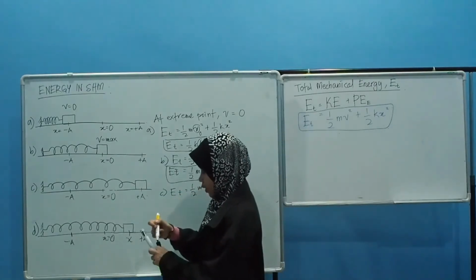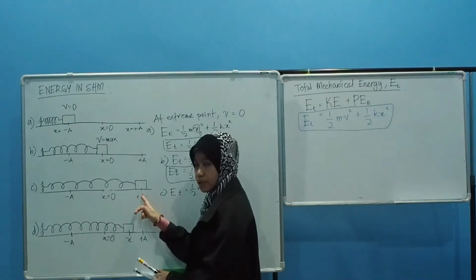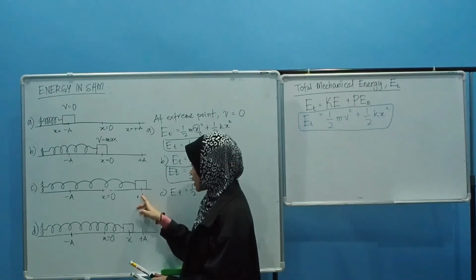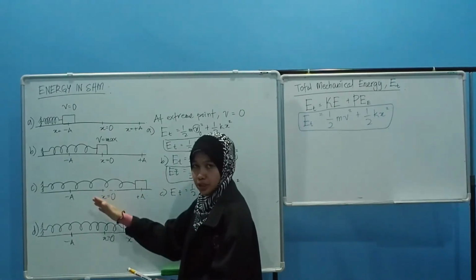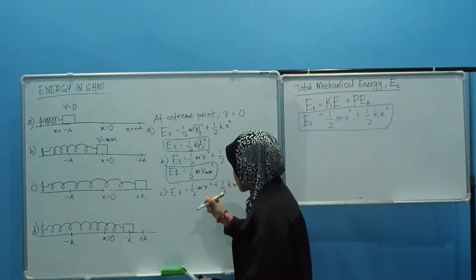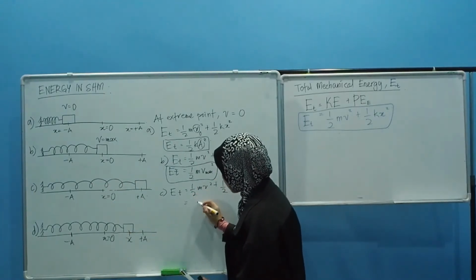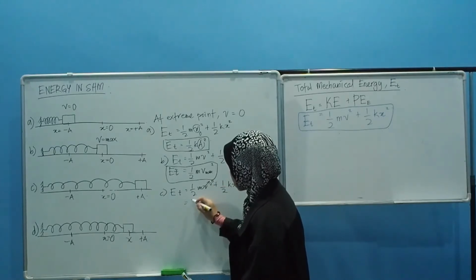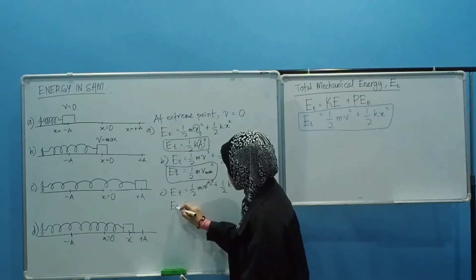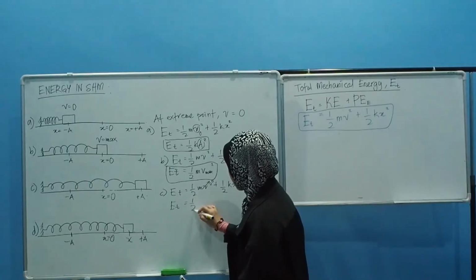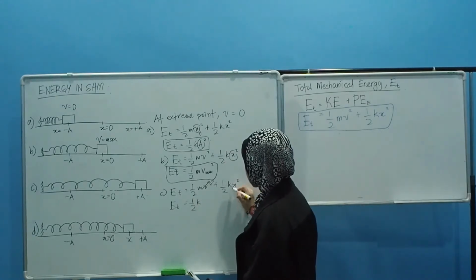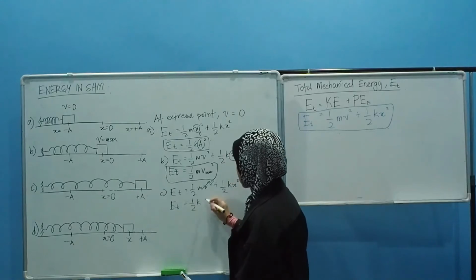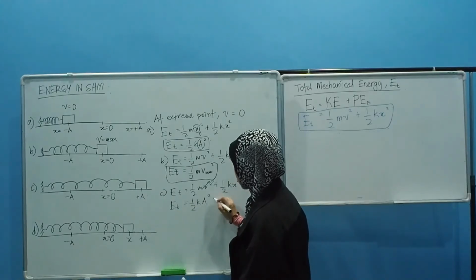So when the object reaches this point, it will stop momentarily as it changes direction. So it will stop for a moment, so v here becomes 0. So the total energy is equal to half k x squared, where you replace x with A. So it becomes half kA squared.